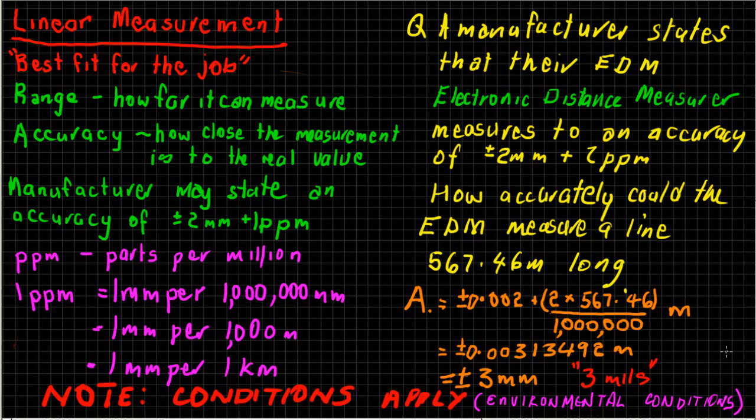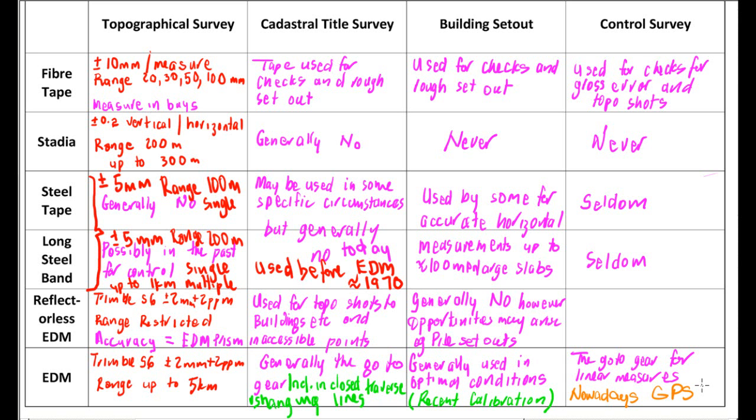Environmental conditions, that is. So, depending on your temperature, pressure, and that sort of thing, the accuracy can change quite dramatically. So it's a qualified sort of thing that we're saying here. So just bear that in mind.